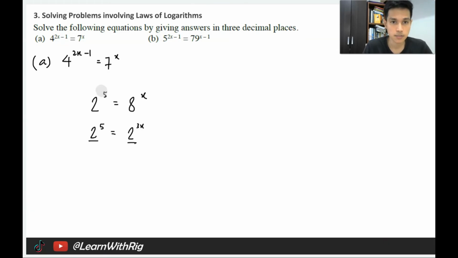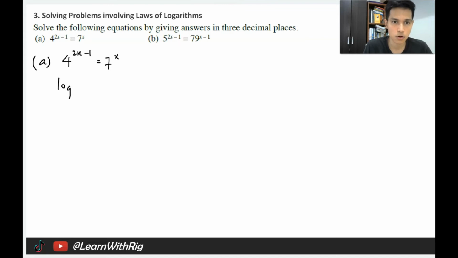So you can make them become the same base, then you can compare. But in this case, you have 4 and 7. How do you make them become the same base? Well, the thing is you can't. So what you do is you can still make them become the same base, but instead of using indices, you use log.